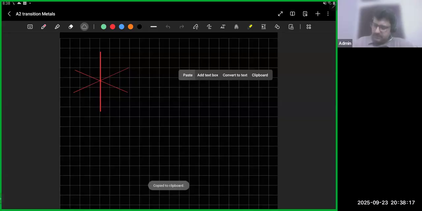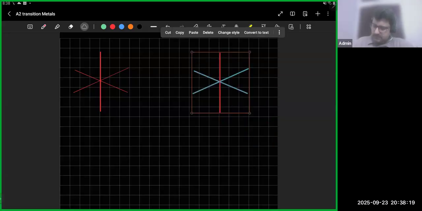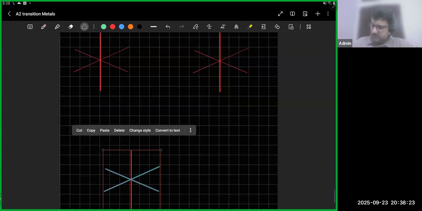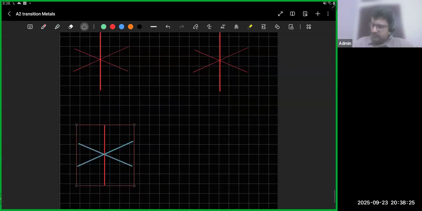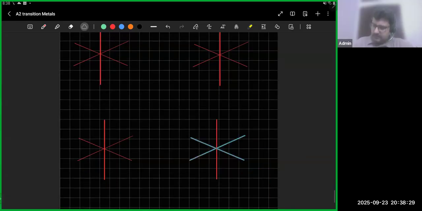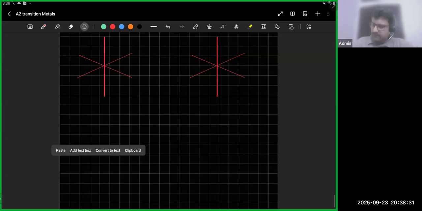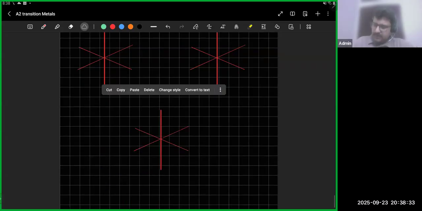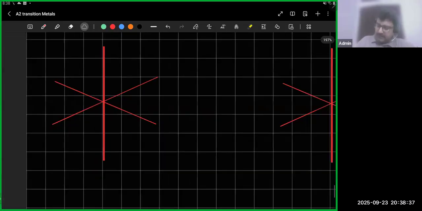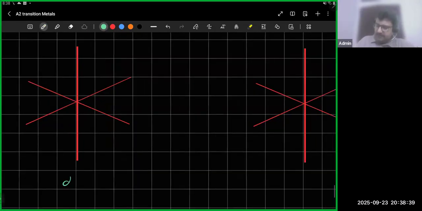There's actually 2 ways of drawing this. And here's my 5th one. So starting with the first one, the dxy. Now remember, in a d subshell, the electron density is spread out in 4 lobes.